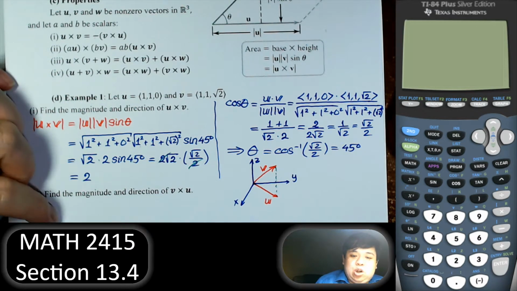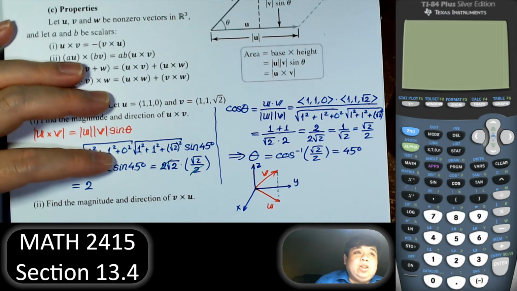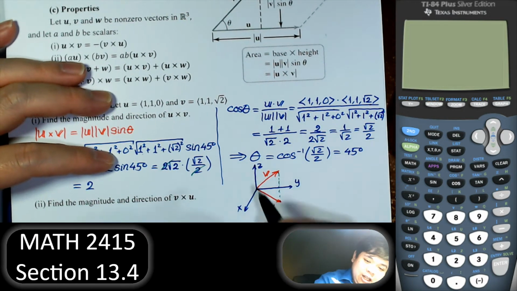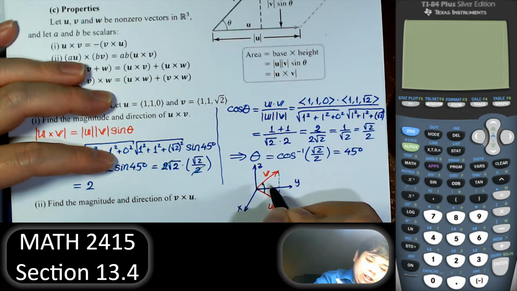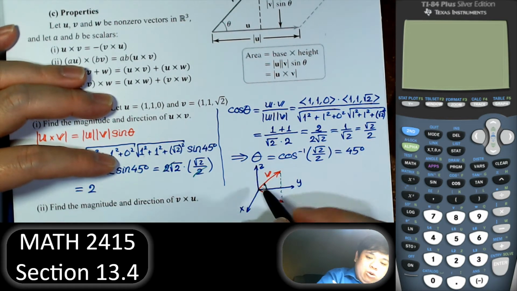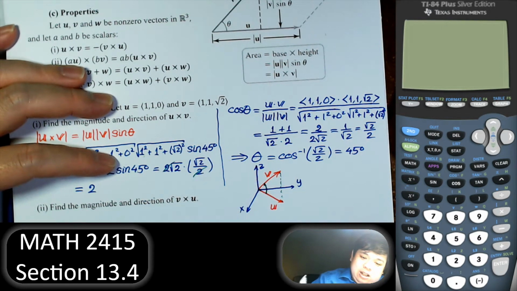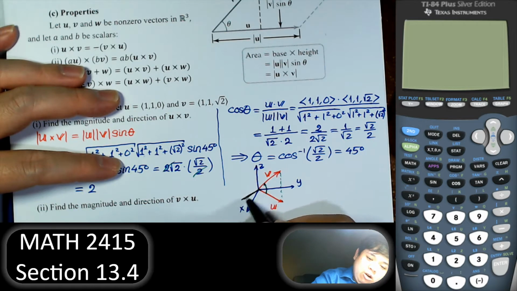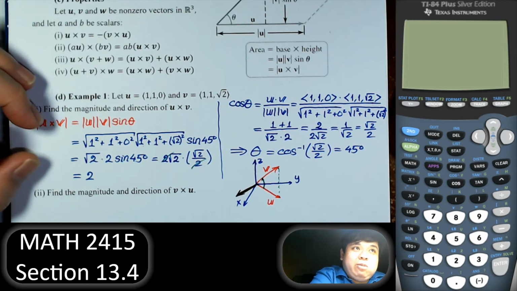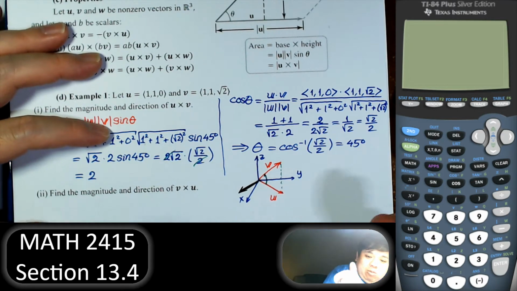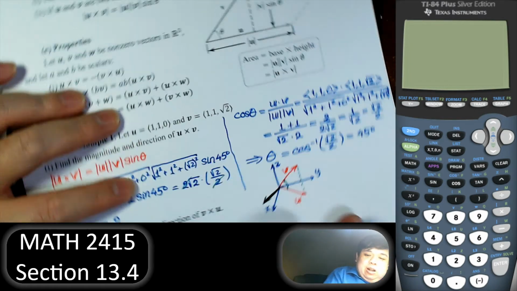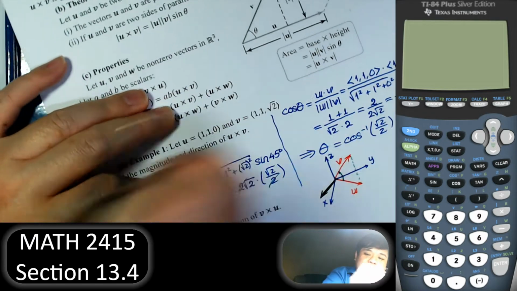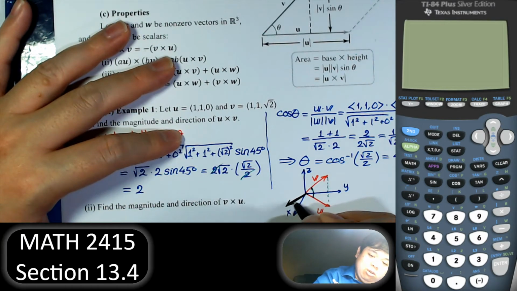Now the right hand rule from U to V, we will have the direction of the cross product. It's kind of difficult to describe here, but we put the angle on U, and then curl toward V, and then the direction will be here. So the thumb will be this, and the fingers curling around like that.